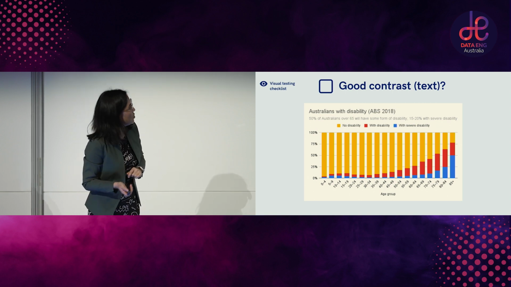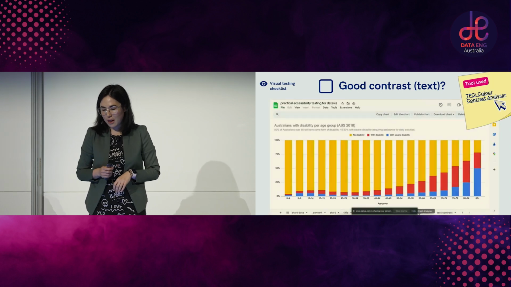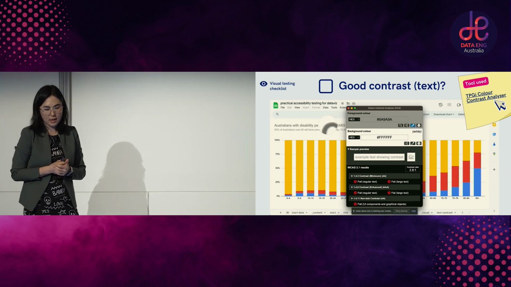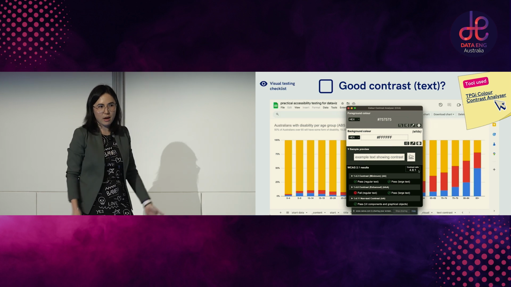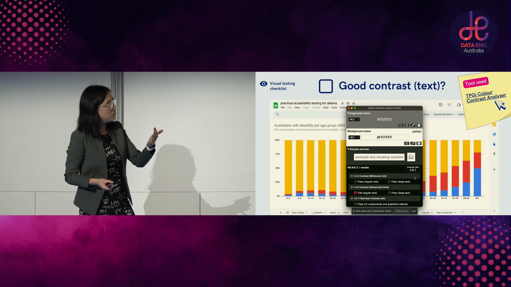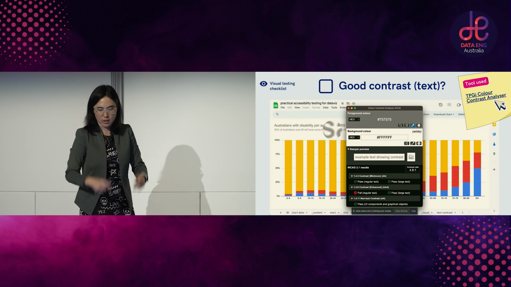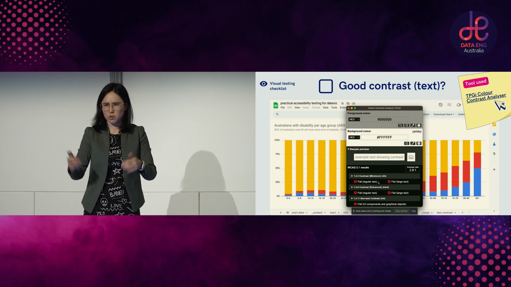All right, so good contrast. This projector is actually too good because it's really quite clear on there, but here is a tool I use called TPGI's Color Contrast Analyzer. I really like to show the process because a lot of blog posts will give a tool and say, hey, go and use this, but not actually show how it's used. I find that doesn't really help people a whole lot because you have to go and work out this random tool.